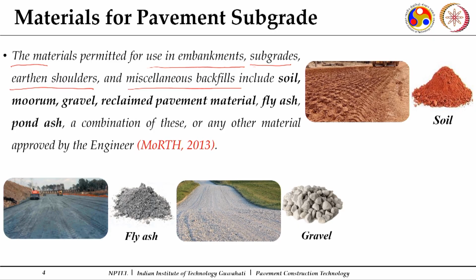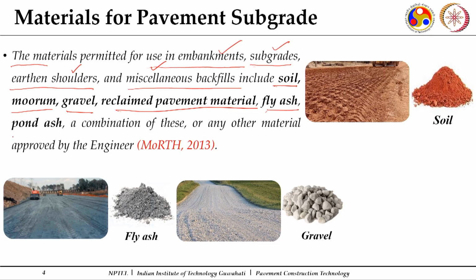So what type of materials does MoRTH recommend for use under these different categories, which are your embankment, subgrade, earthen shoulders and miscellaneous backfills? They include soil, murram, gravel, and reclaimed pavement material, which is extracted from existing pavement, whatever you can mill or get from the scrap of any existing pavement construction material.